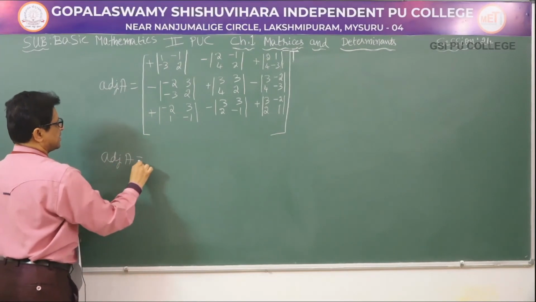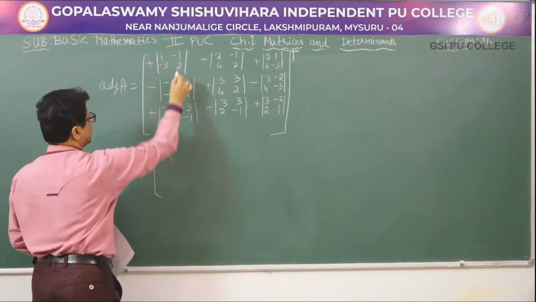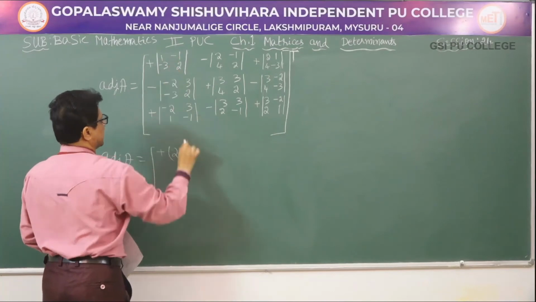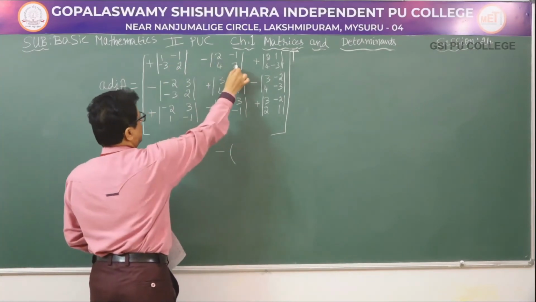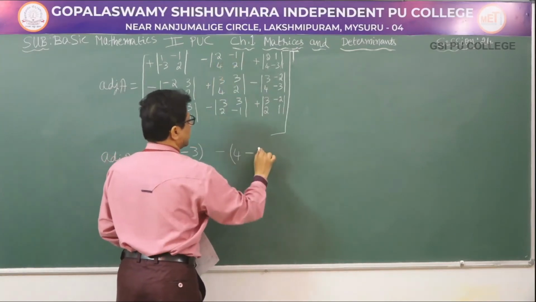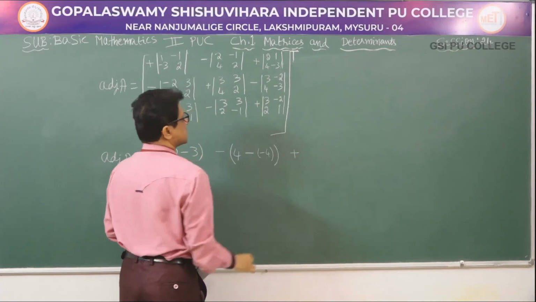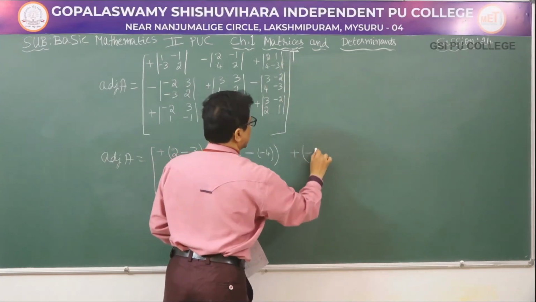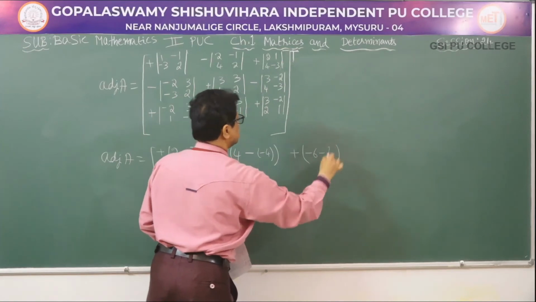So adjoint A is equal to plus 1 into 2, 2 minus 3 into minus 1, 3. Next minus of 2, 2s are 4 minus 4 into minus 1 minus 4, plus 2 into minus 3 minus 6 minus 4 into 1, 4.